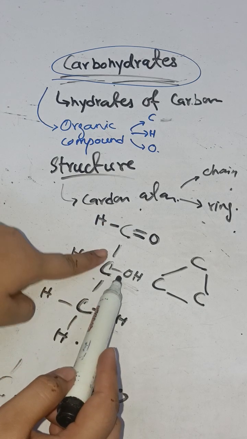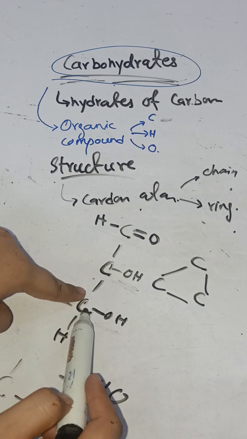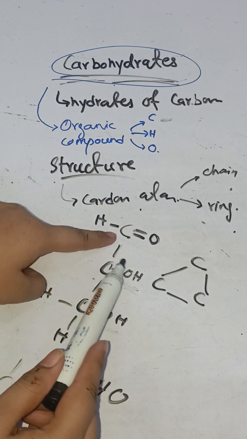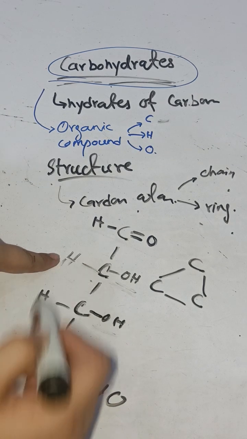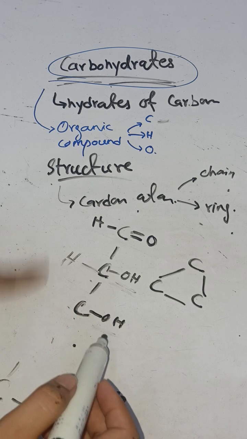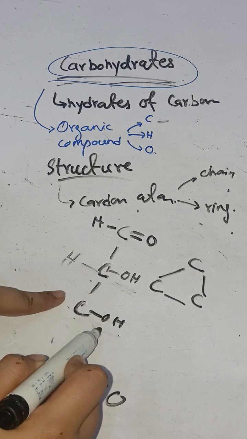Now this carbon, if I remove the H from here, this carbon has one bond with this carbon, one bond with the hydroxy group, and another bond with this carbon. The fourth bond it will make with hydrogen. Similarly, for this carbon, I am removing these bonds. I have told you the hydroxy group will come with every carbon, so this hydroxy group is attached.